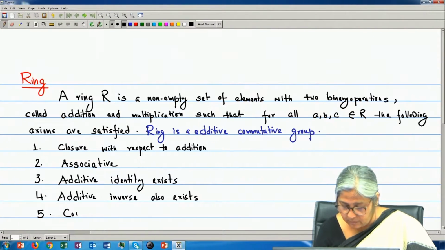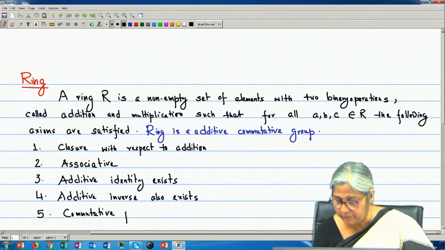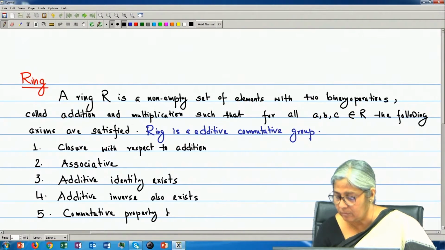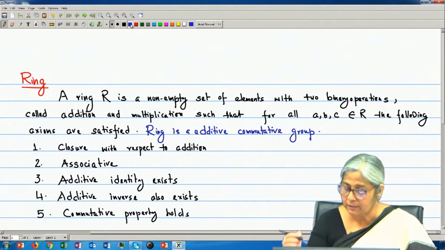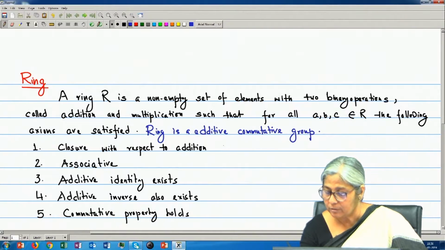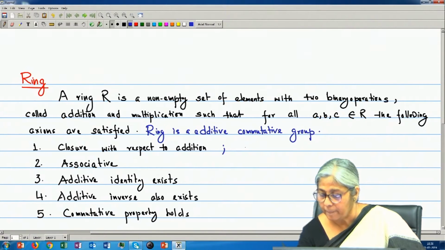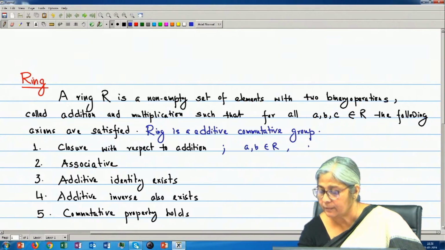So, if we quickly write the closure, we remember that if A, B belong to R, then A plus B belongs to R.